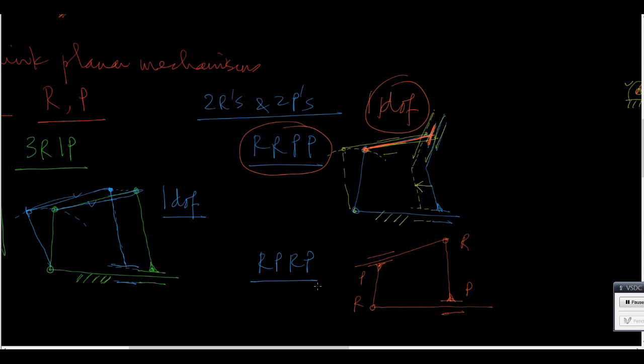Let's look at it like this. Let us think of fixing this link. Now, on this link, when I move this one, it can only move like this. This angle stays the same, that height stays the same. So this hinge point just moves here. Now, how about this one?